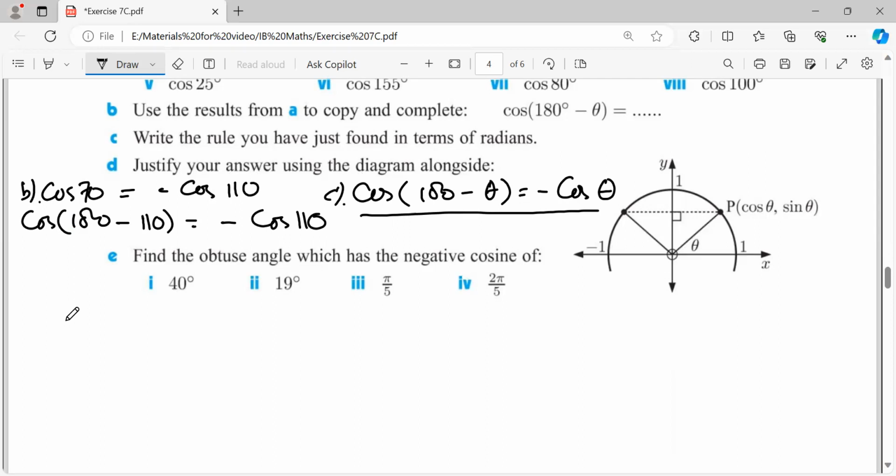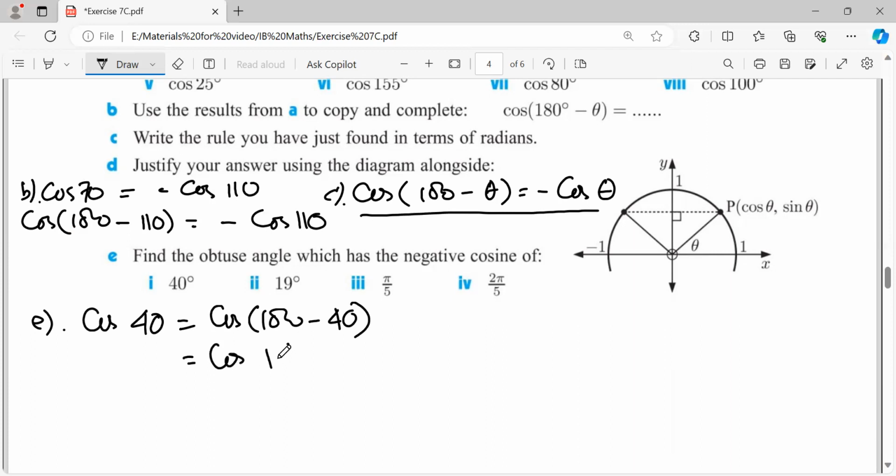Right. E, I'm going to find E. Cosine 40, based on this conclusion, equals cosine (180 minus 40) equals cosine 140.